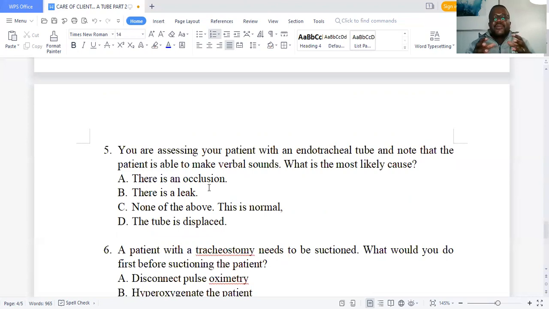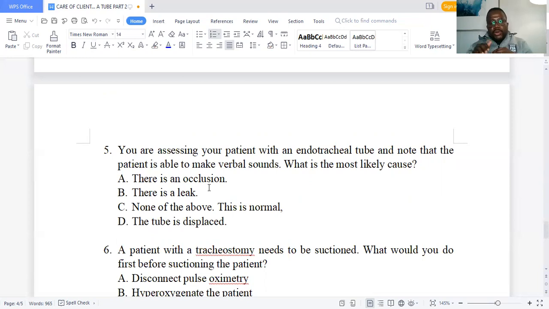You have to ask yourself this question. If the answer is yes, okay. If the answer is no, then why is the patient making verbal sounds? What is happening with the endotracheal tube in place?